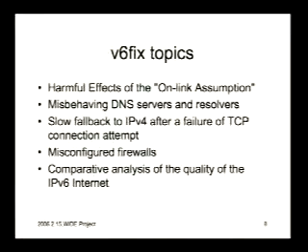v6fix covers topics such as: harmful effects of the on-link assumption, misbehaving DNS servers and resolvers, slow fallback to IPv4 after failure of TCP connection attempts, misconfigured firewalls, and comparative analysis of the quality of the IPv6 Internet.